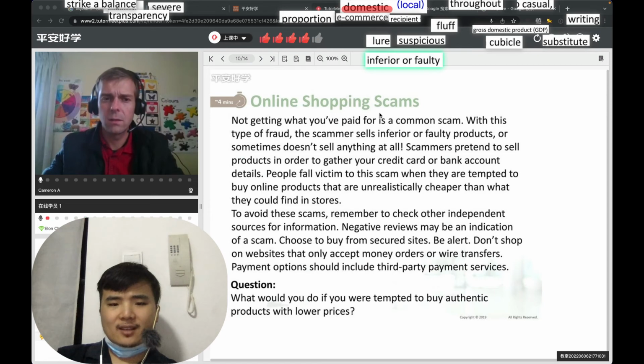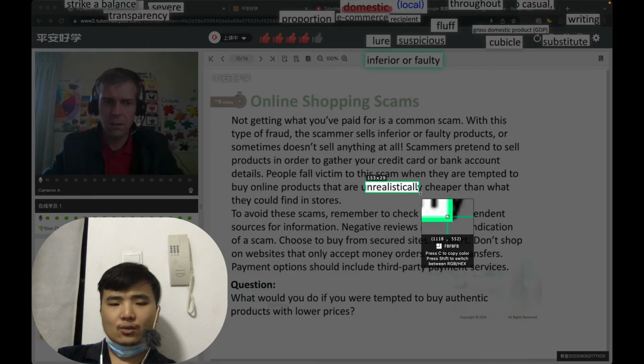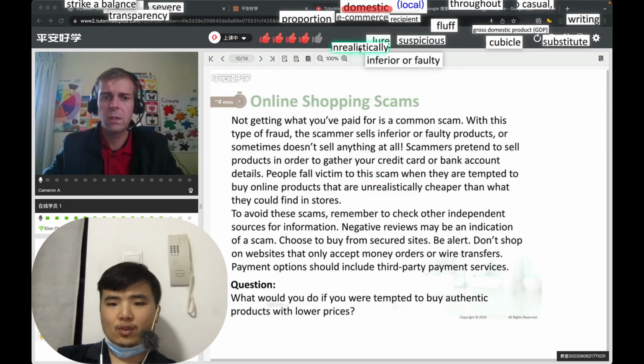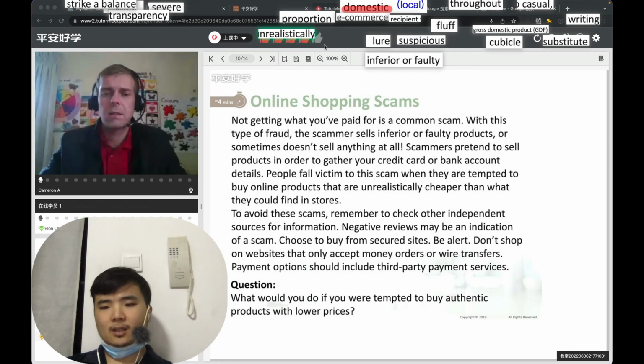To avoid these scams, remember to check other independent sources for information. Negative reviews may be an indication of a scam. Choose to buy from secured sites. Be alert.